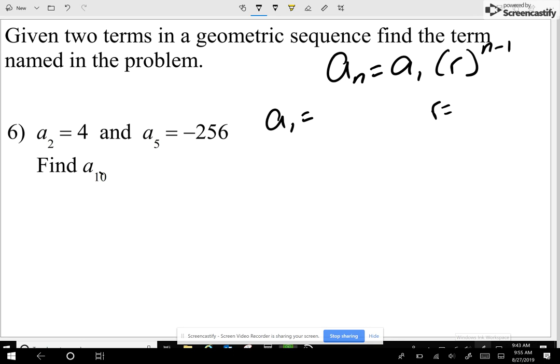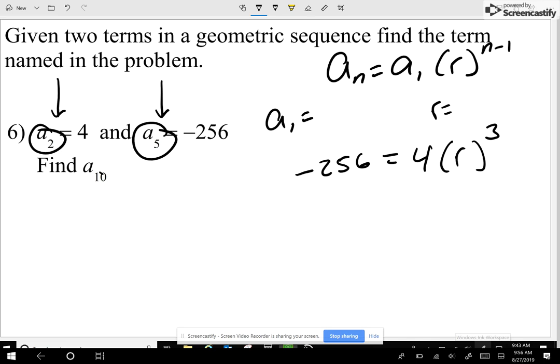I'm going to find the rate. The way I'm going to find the rate, I'm going to say negative 256. I'm looking at a sub 5 is equal to 4 times the rate to the third power. And the r to the third power, because I subtracted a sub 5 and a sub 2, the difference between them is 3.